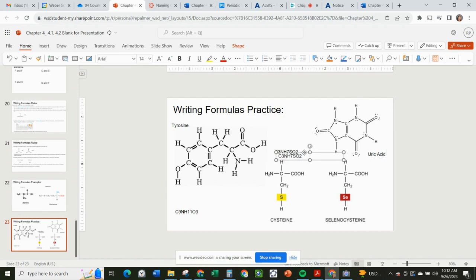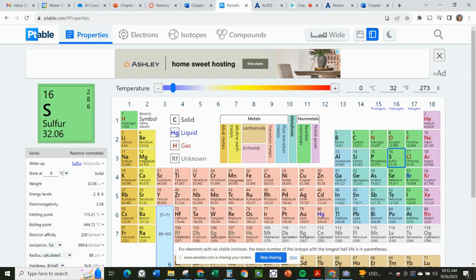So it might be helpful to have an example with a lot of elements on it on your note cards, so that you can remember which order they go in. So here we have selenium. Oh, where does that go? So selenium is right below sulfur. So selenium should go before oxygen. It should go after hydrogen.